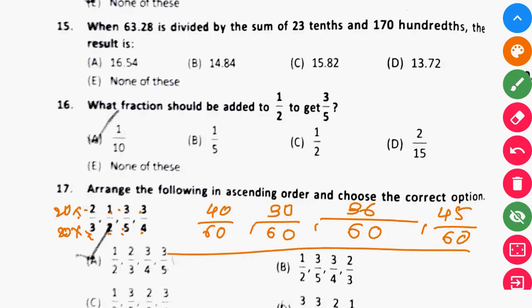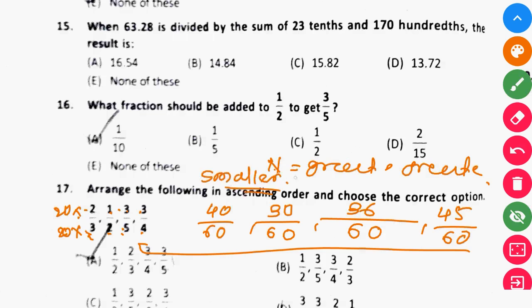Now the denominator is common. Okay. Now the fraction whose numerator is greater is the greater fraction. But we have to arrange in ascending order, so the smaller fraction should be chosen first. So the fraction whose numerator is smaller is the smaller one.